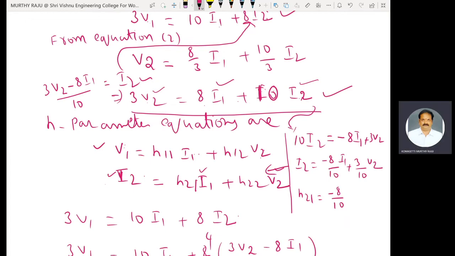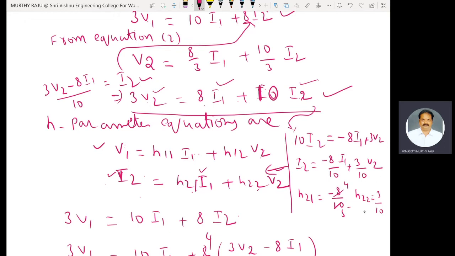Compare this equation with the H parameter equation. Therefore, H21 is equal to minus 8 by 10, that is minus 4 by 5.